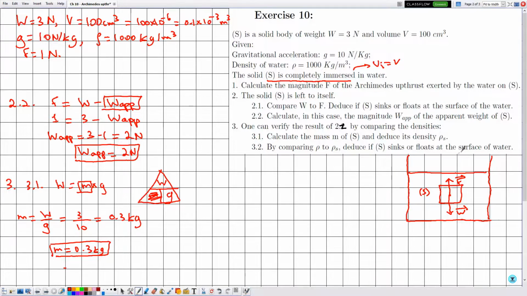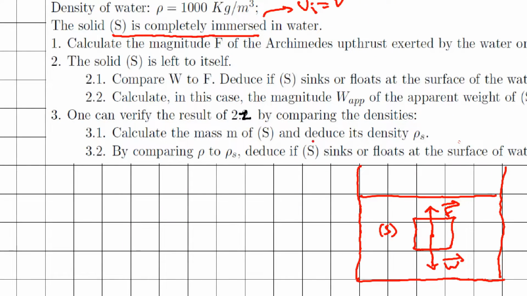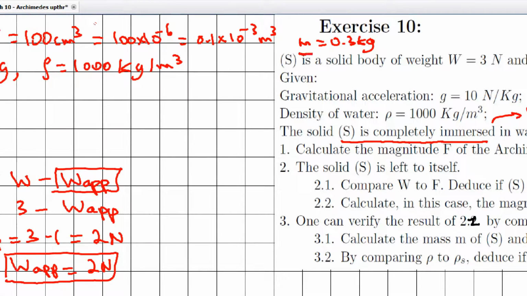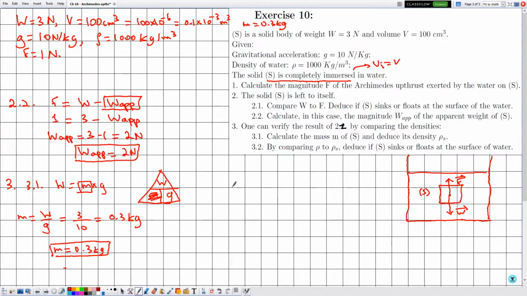Now, in the same part, they are telling me to deduce its density rho S. So here, in addition to the volume, we have that the mass is equal to 0.3 kilograms. Now we need to determine the density, knowing that the density, the mass and the volume are related via the following formula: the density is equal to mass divided by volume.